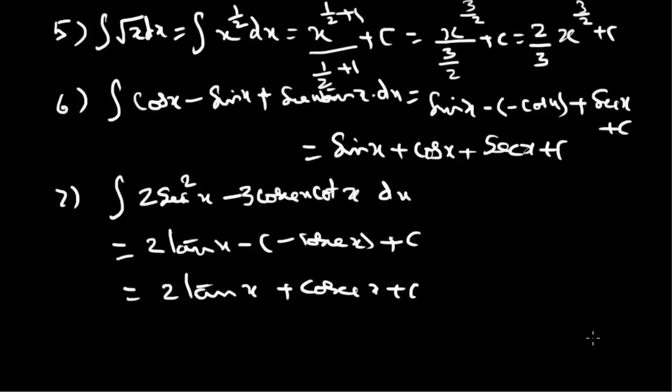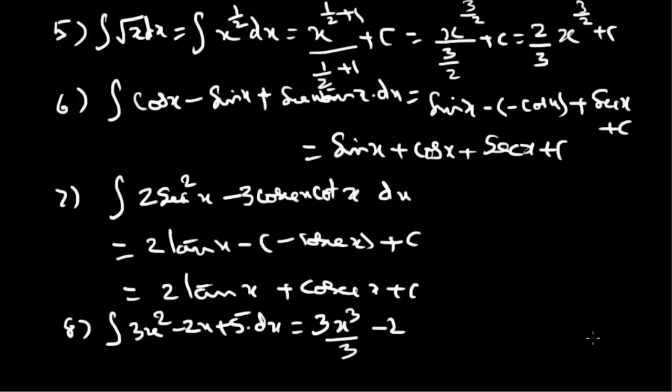Now we take the eighth problem. Integral 3x squared minus 2x plus 5 into dx. 3 you keep like that. Integration of x squared: now you know that x power 2 plus 1 is x power 3 by 3. Minus 2 into x; x means x power 1.